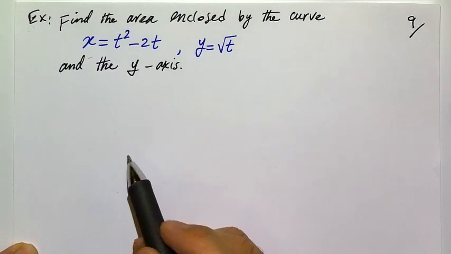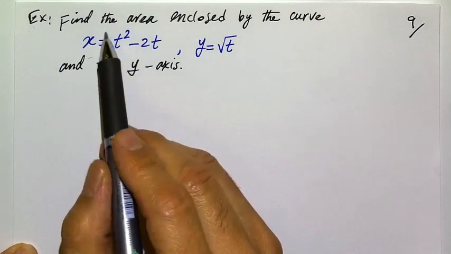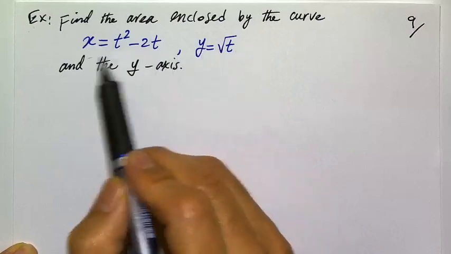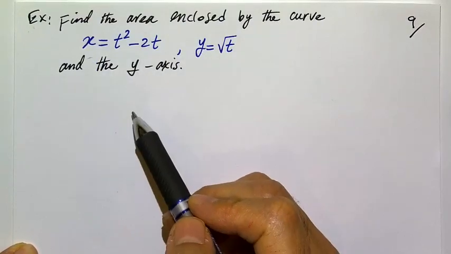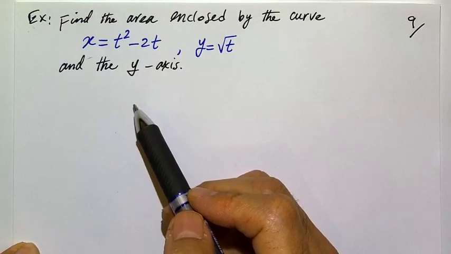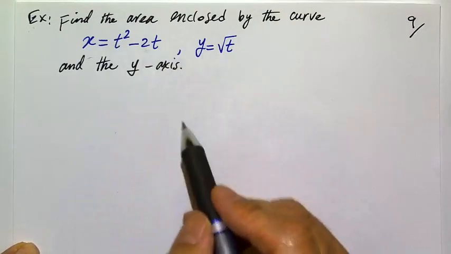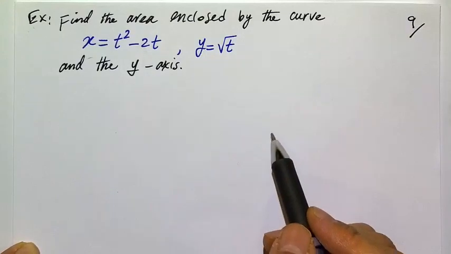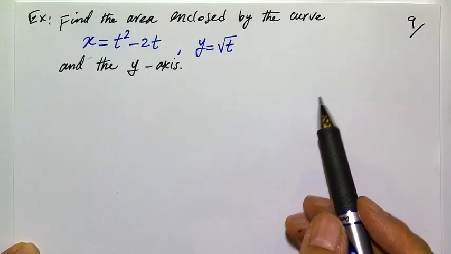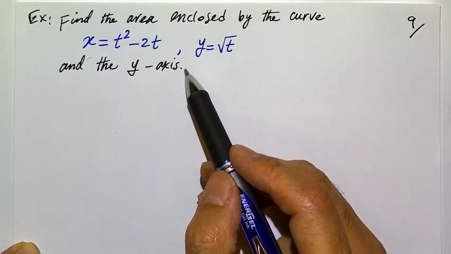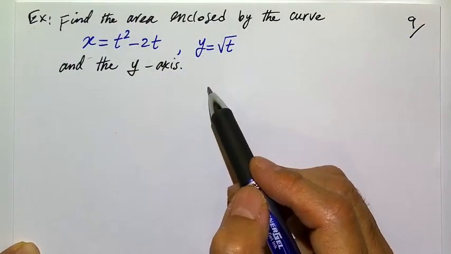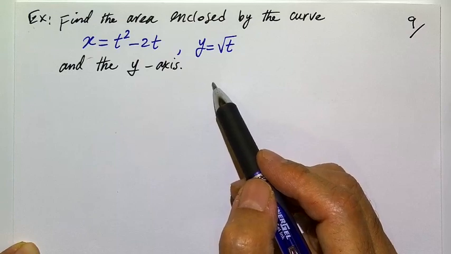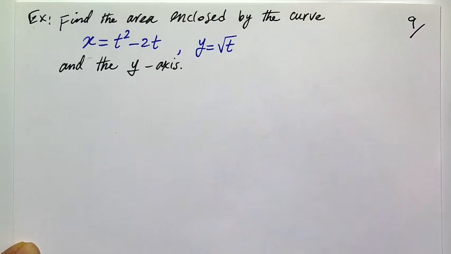Okay, so here it says find the area enclosed by this curve given to us in this parametric form and the y-axis. Okay, so this curve plots, and I will draw an example of it. You can do this manually, by the way. You can get a feel for what this curve looks like, either manually or using a graphing technology tool such as Desmos on the internet, which is free.